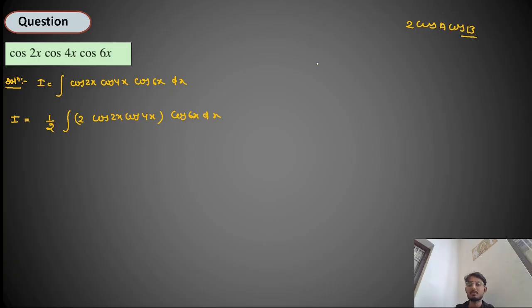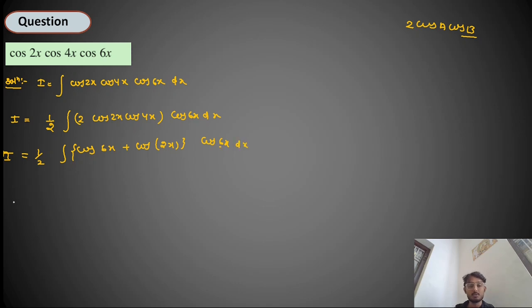Here the angles are different, so the formula of 2 cos a cos b equal to cos(a plus b) plus cos(a minus b). 2 minus 4 means 2x, and as you know that cos(minus x) equals cos x. Okay, then cos 6x dx.